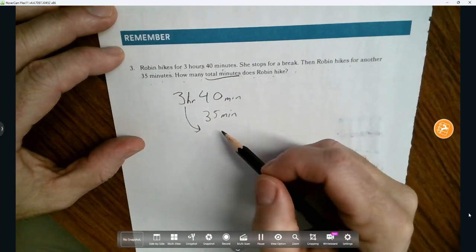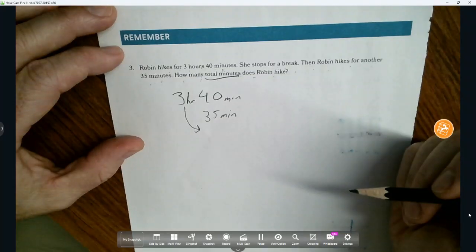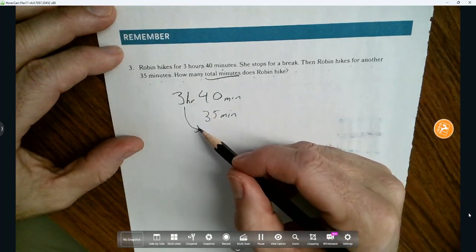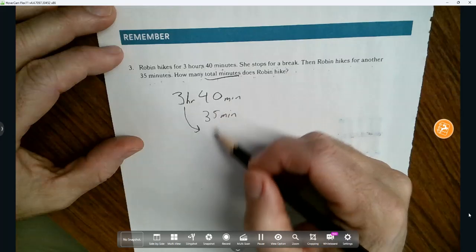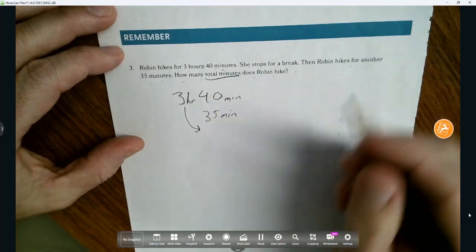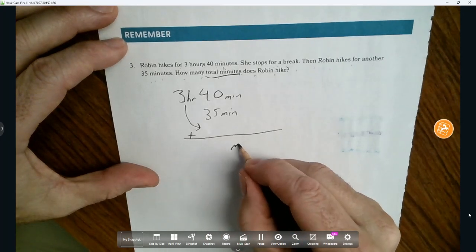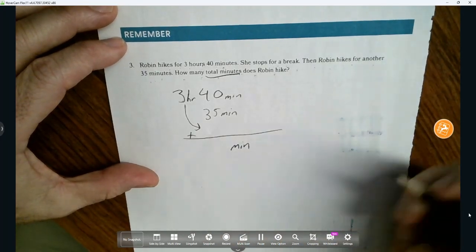And put the minutes right here, and then just add them all up. I'm not going to help with that one. Just remember how many minutes are in an hour. Multiply that by this number. Put that number down here, and then add everything up and make sure your answer has minutes. Your answer will go right here with minutes.